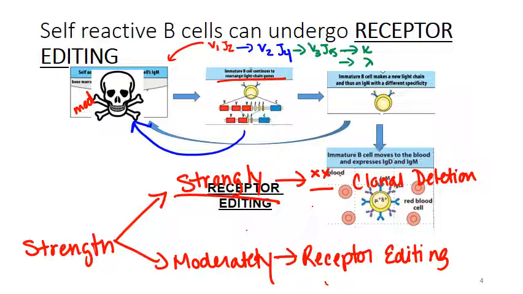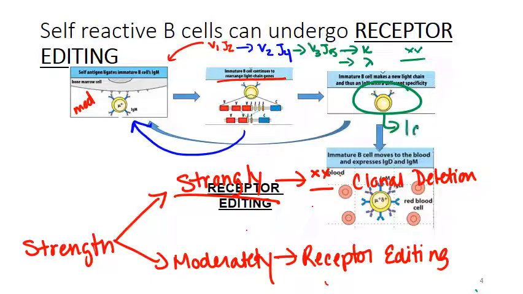If it runs out of genetic material, the cell dies. If at any point it does not bind the self-antigen, then it can go through alternative splicing, get its IgD, and be released into the periphery.